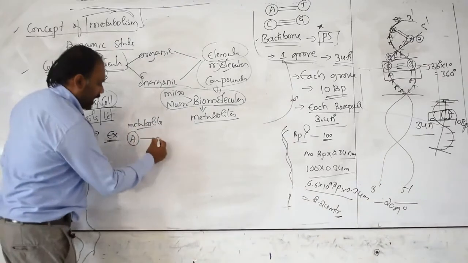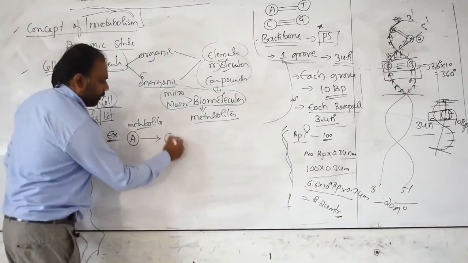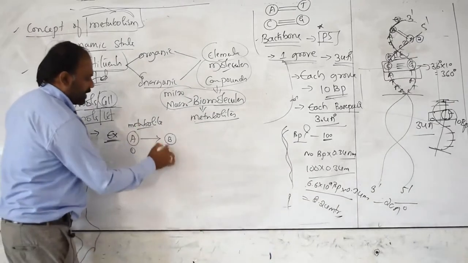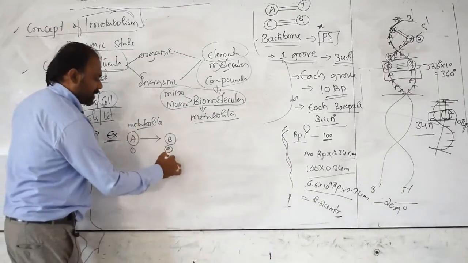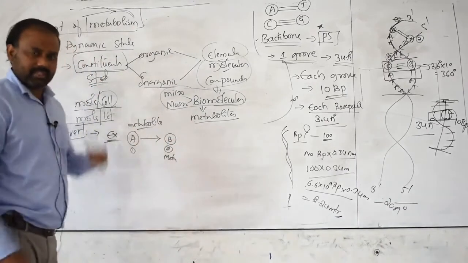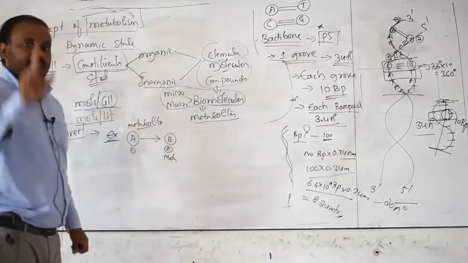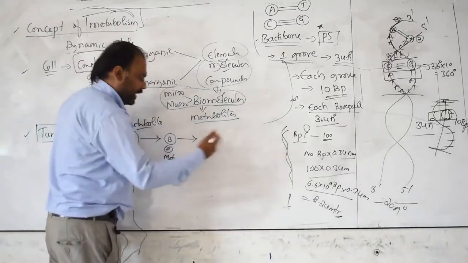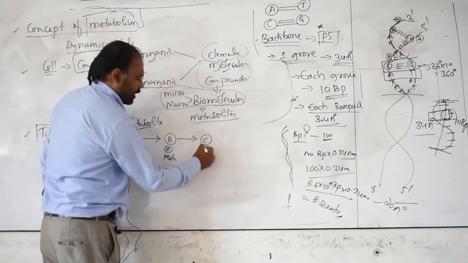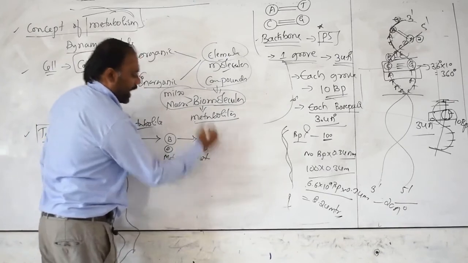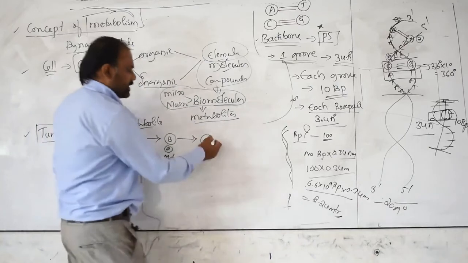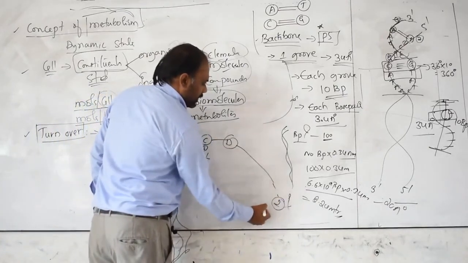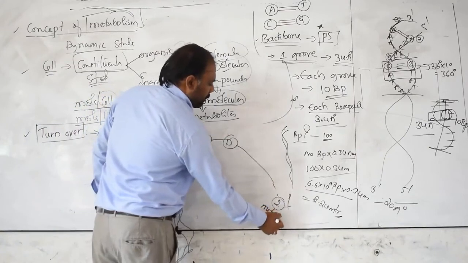This metabolite is converted into B. A is the first metabolite and B is the second metabolite. Later B is converted into C, the third metabolite. Later C becomes D, and so on, finally Z. Z is also considered a metabolite.